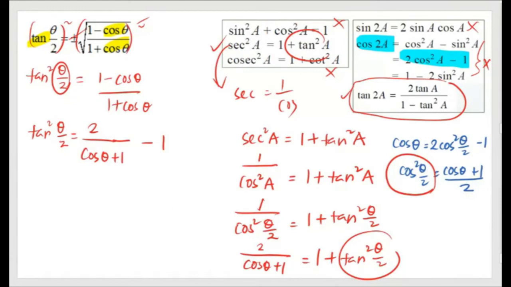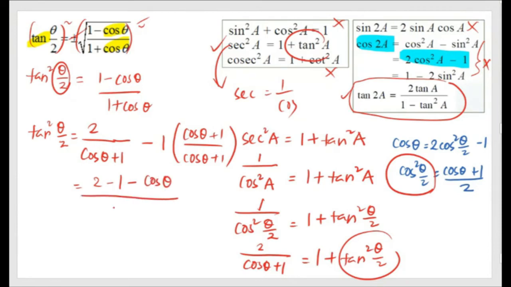Okay, 1 moves to the left hand side. So cos theta plus 1 over cos theta plus 1. So it becomes 2 minus cos theta minus 1, over cos theta plus 1. So it's 1 minus cos theta over 1 plus cos theta. So we have proved it already. Okay, so proved.